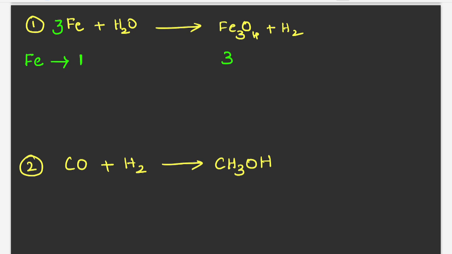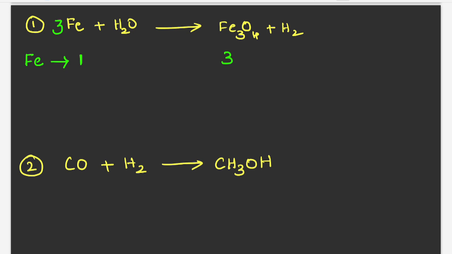After this, what do I have to balance? I have to balance oxygen. Let us see. On this side there is only one oxygen. And on the other side, how many oxygen atoms are there? There are 4 oxygen, O4. So 4 oxygen atoms are present.